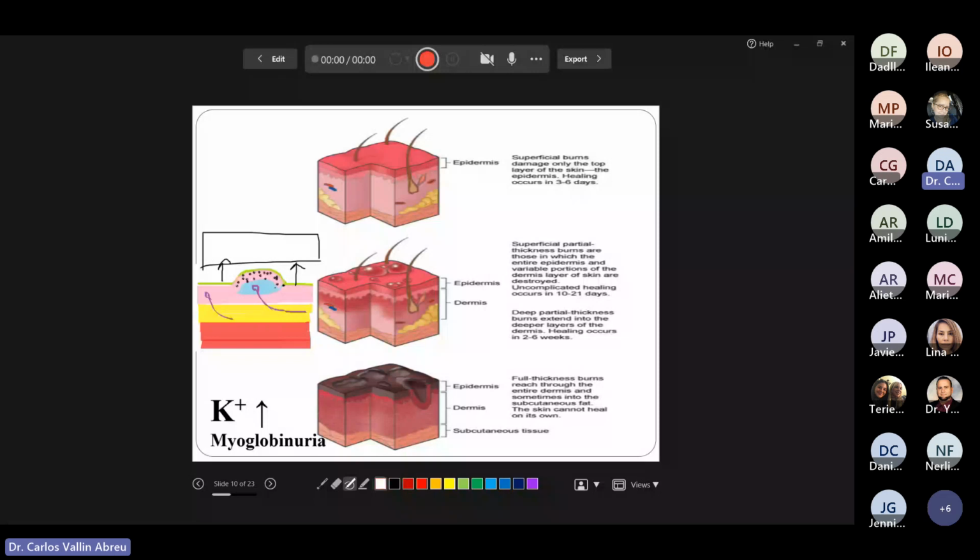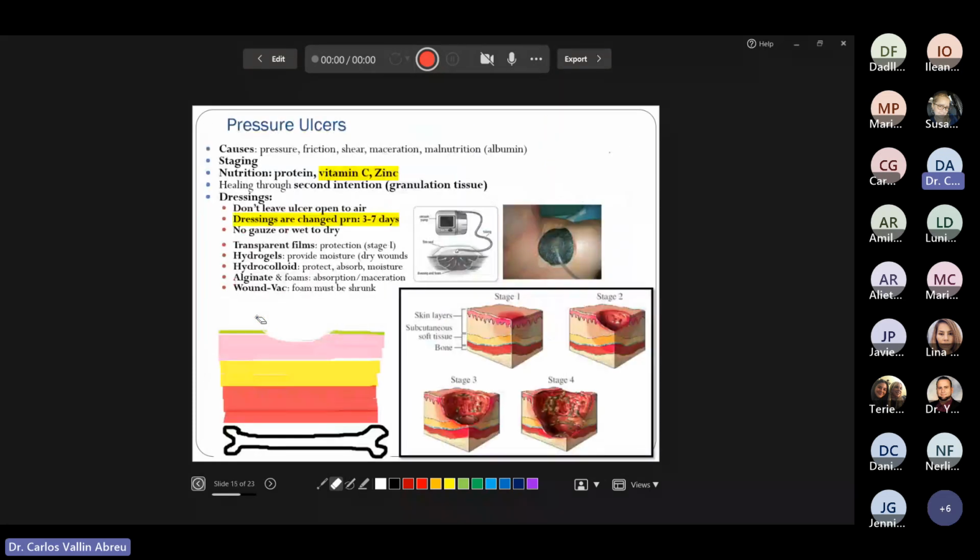So the roof of the blister is quickly broken, and the liquid is spilled. So what you see is the ulceration, because the blister quickly breaks when rubbing against the mattress.